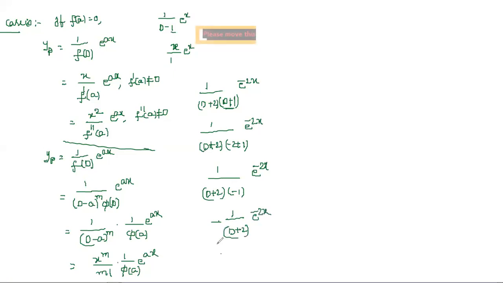Now can you apply the formula here? See that x power m. So m is nothing but the power, which is 1. So x power 1 by 1 factorial into phi of a, which is minus 1, and e power minus 2x. So that is simply what we'll get: minus x e power minus 2x.